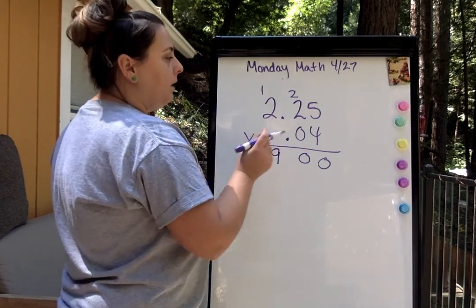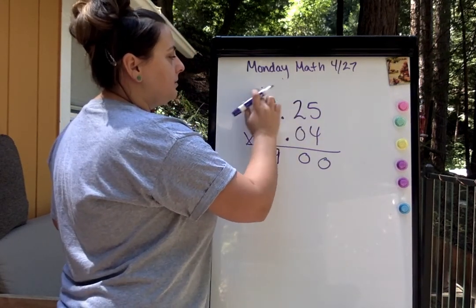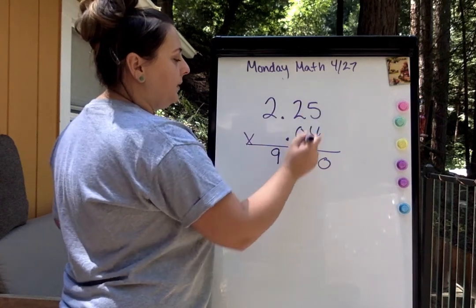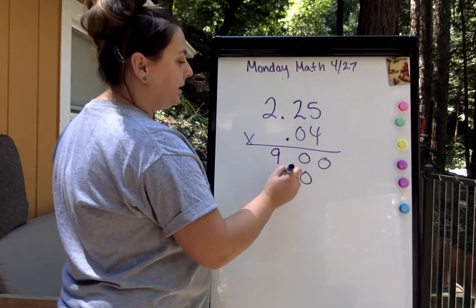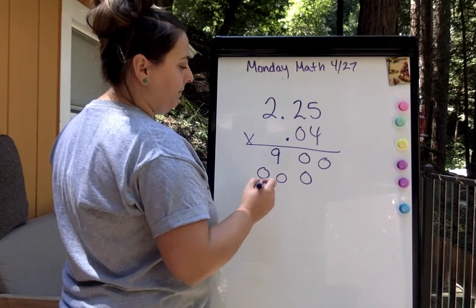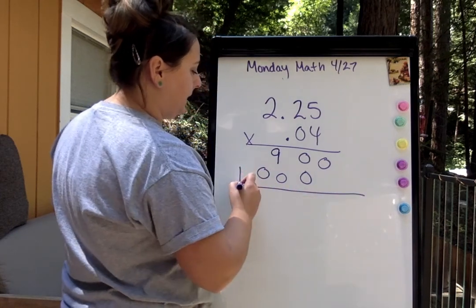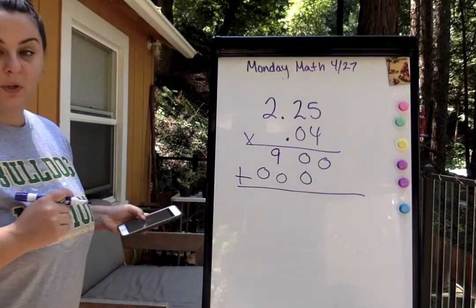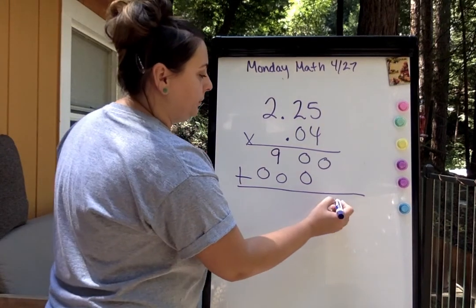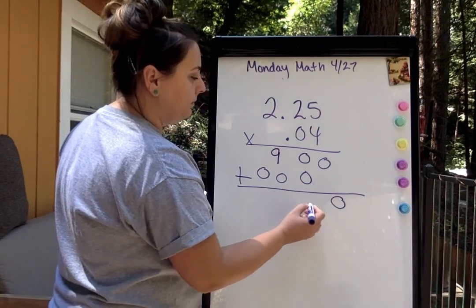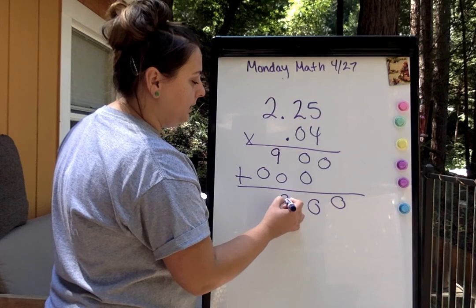Okay? You can go ahead and erase these. And we know that 0, 0, and 0. Add them up. Okay? So it's going to give you 0, 0, 9.